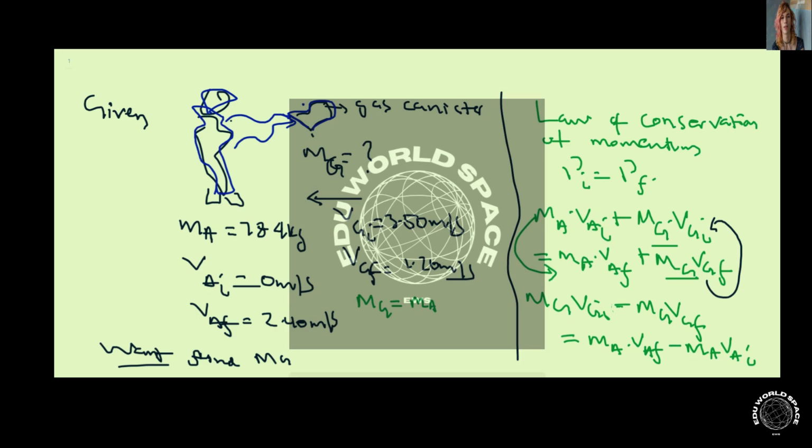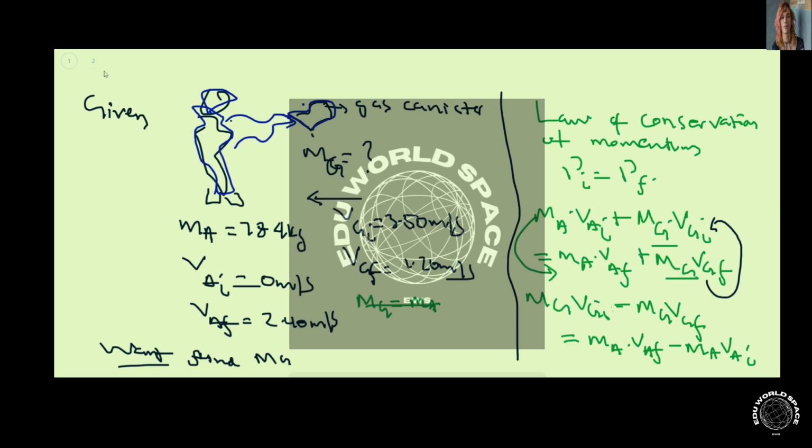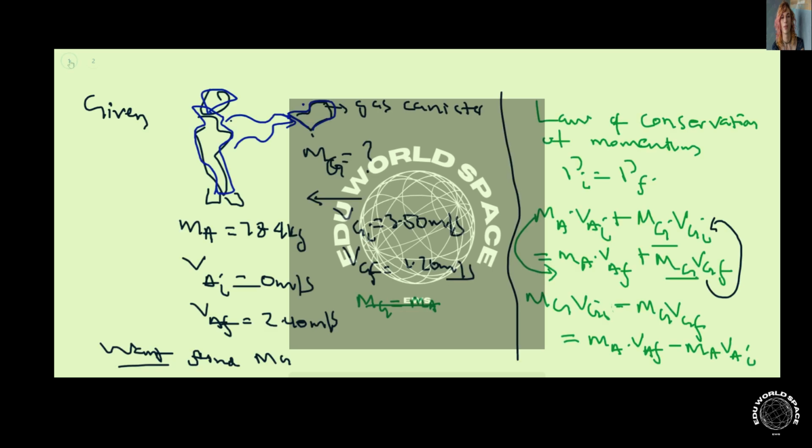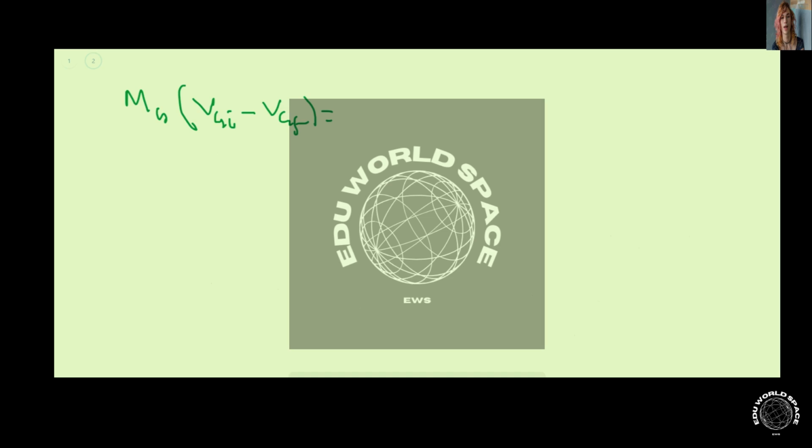We can actually do it on the next page. So we have the mass of the canister, initial minus final, equals, if you go back, the mass of the astronaut, final velocity minus initial velocity.